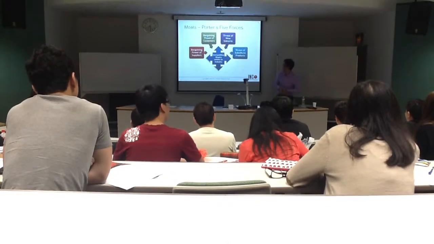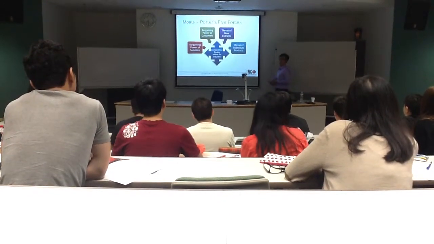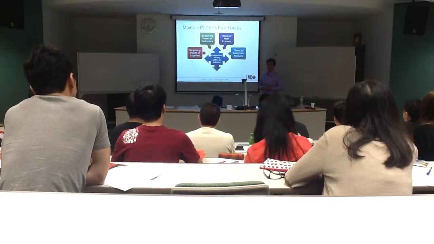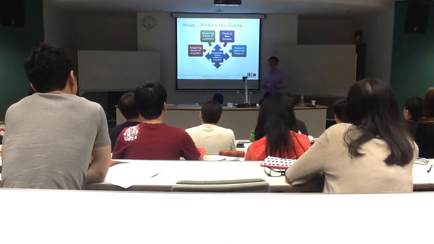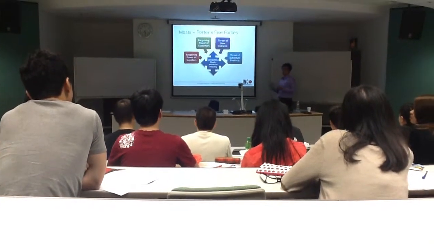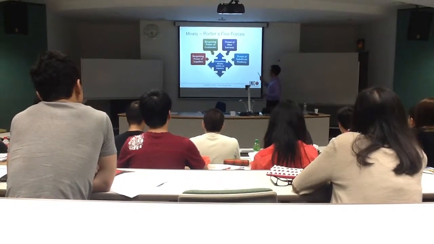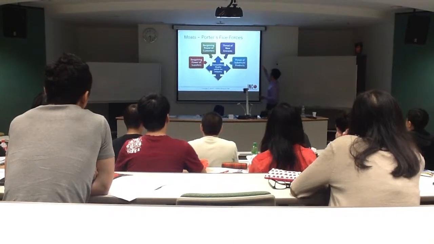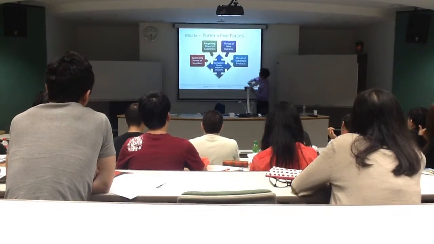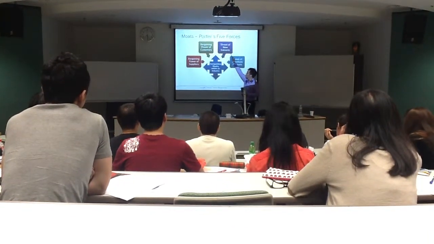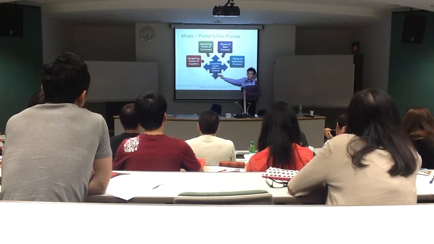I think everyone is very familiar with Porter's Five Forces analysis. It's the basic industry analysis tool. I want to draw your attention to threat of new entrants and competition.